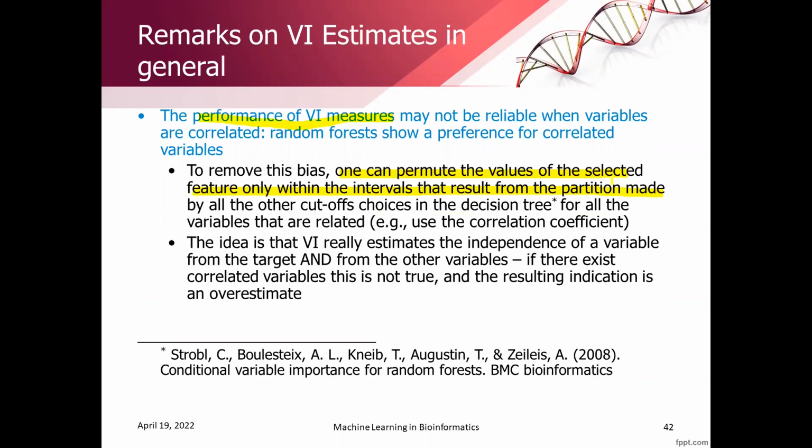If we build the decision tree, we ask for some variable whether the value is greater or equal to some threshold C1. Then for another variable, we ask whether its value is greater or equal to threshold C2, and so on.